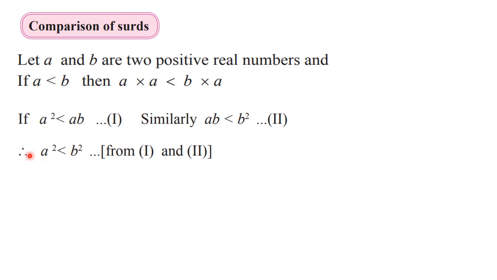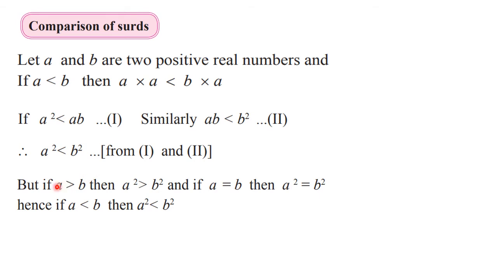So this property we are going to use here, that if a is less than b, then obviously a square is less than b square. By using this property we are going to compare surds. Now the second possibility, that a is greater than b, then we can say that a square is greater than b square.